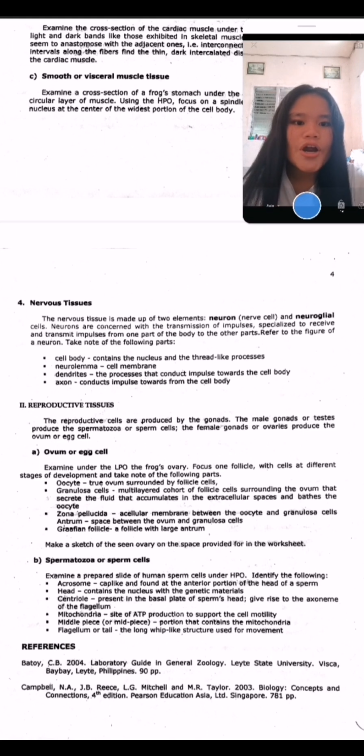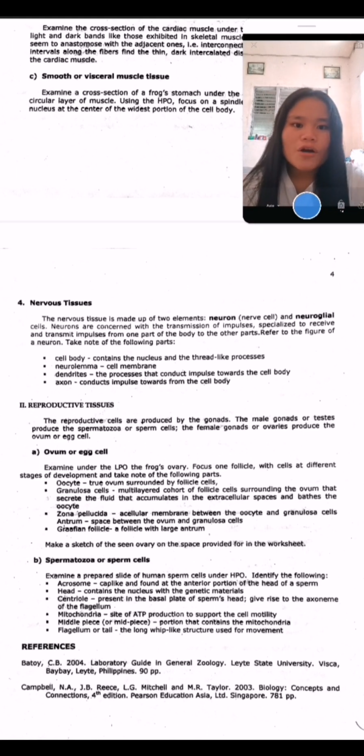Neurons are concerned with the transmission of impulses, specialized to receive and transmit impulses from one part of the body to the other parts.